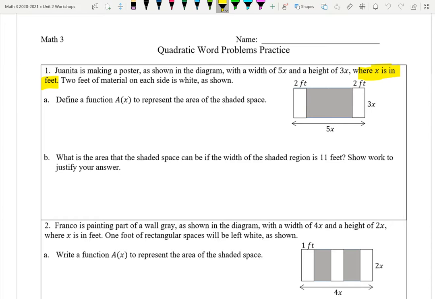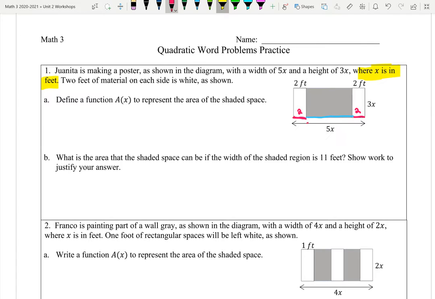So essentially what I need to do is find the base of the shaded region. I need to only find this part. To do so, I'm going to use the fact that this section is also 2 because it's a rectangle.